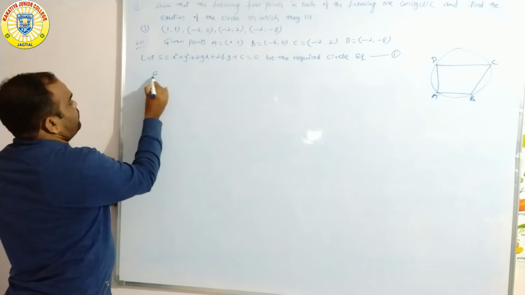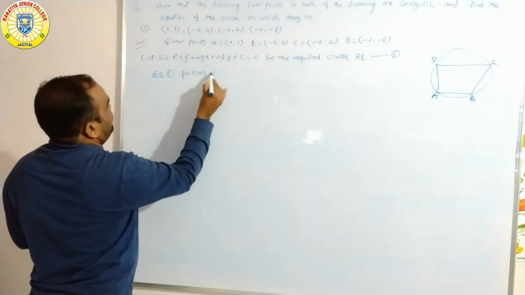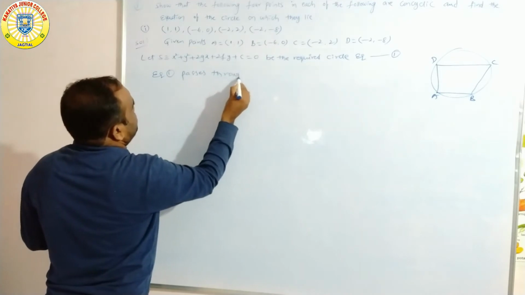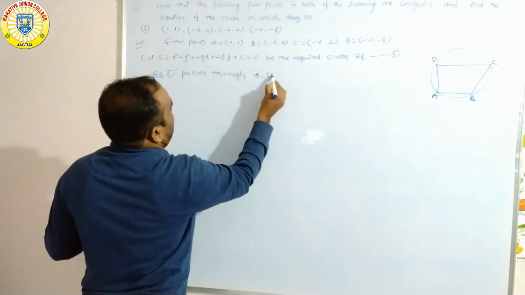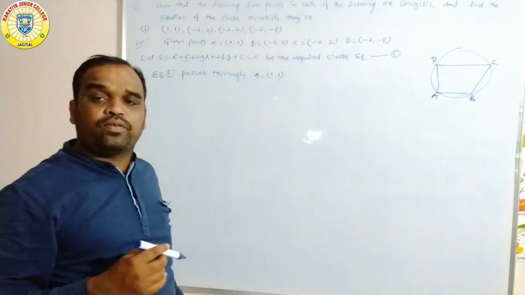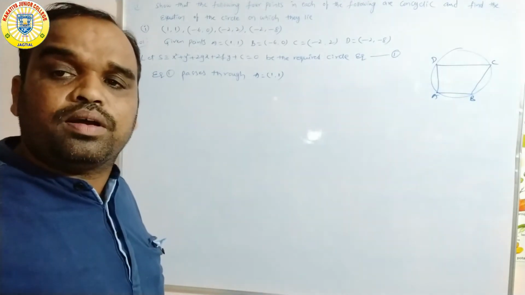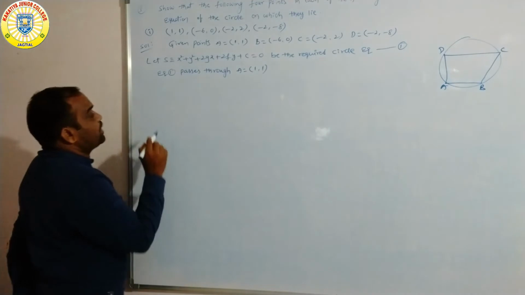So here equation 1 passes through A of 1, 1.